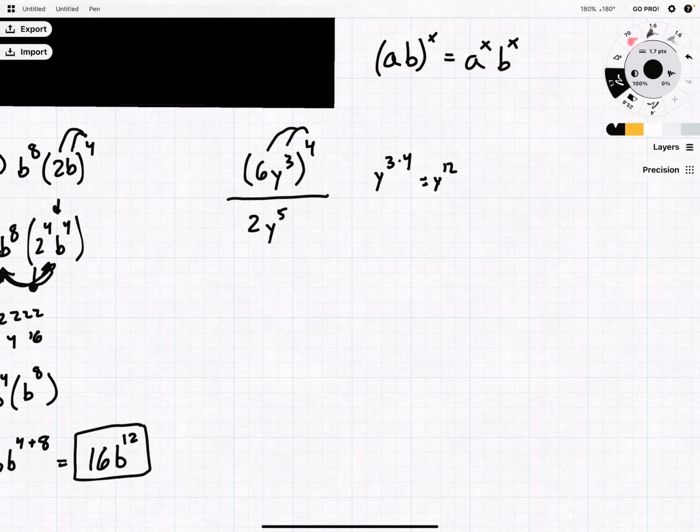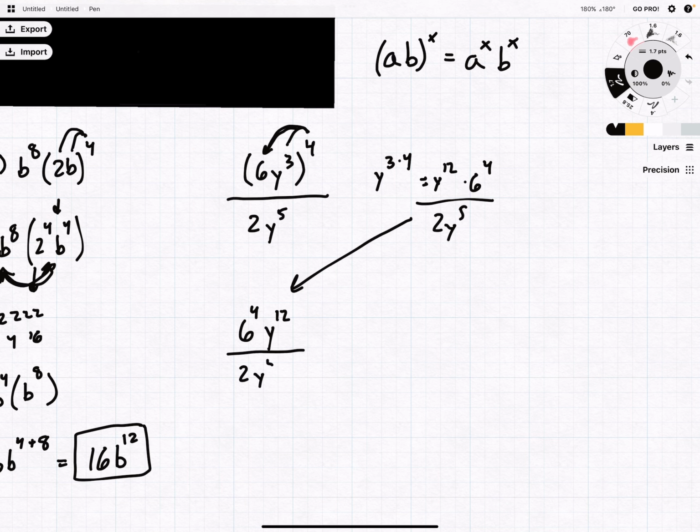Now we have 6 to the 4th as well, so we'll just leave that for now, and this is all over 2y to the 5th. Let's rearrange this to make it look a little nicer: 6 to the 4th times y to the 12th, all over 2y to the 5th. First off, let's simplify our y's.